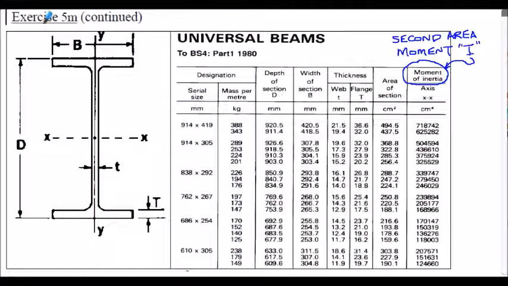So referring back to our table of universal beams in BS4, the value of 178,522 in this column here would seem to require us to use this value as the closest value. So that will be a 762 by 267 by 173 kilograms per meter beam.